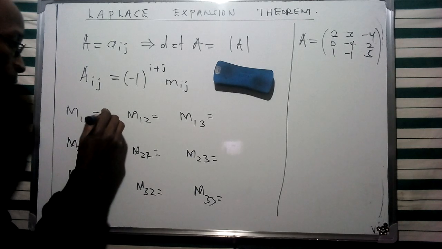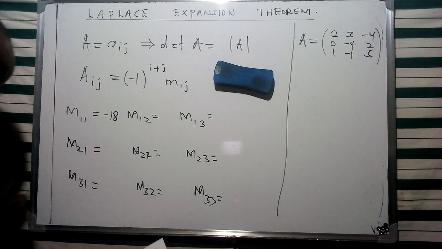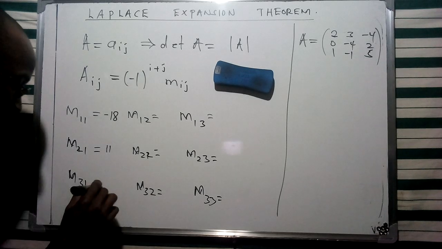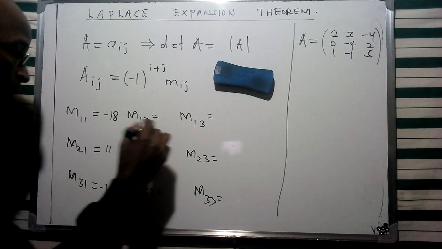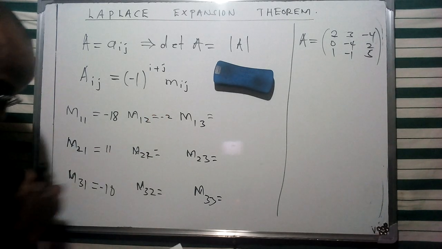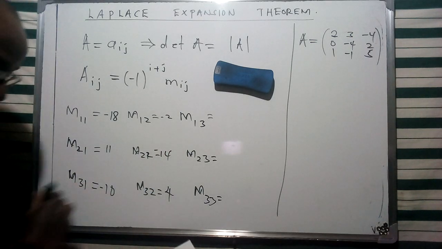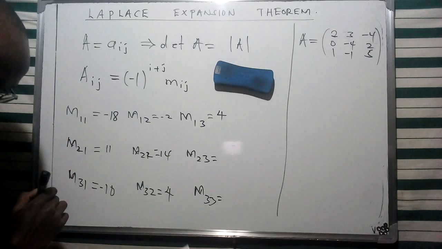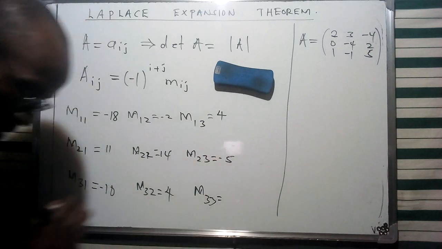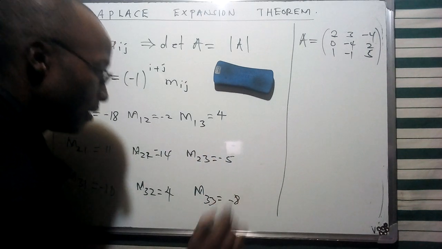So in this case, I obtained the minors 18, 11, negative 10, negative 2, 14, and then 4, and then 4, negative 5, and negative 8 respectively.